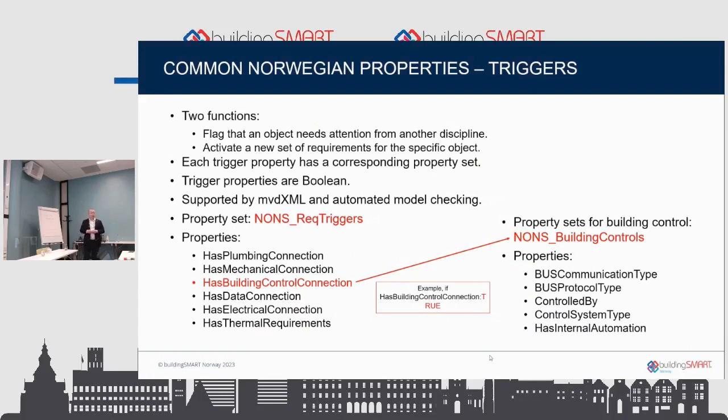Then we have triggers. This is a bit tricky. At some point, someone found out that you can have a Boolean property of certain constructions or building elements that can trigger an extra set of requirements that this object otherwise would not have. Take, for example, a LAF bench, something you typically have in laboratories.